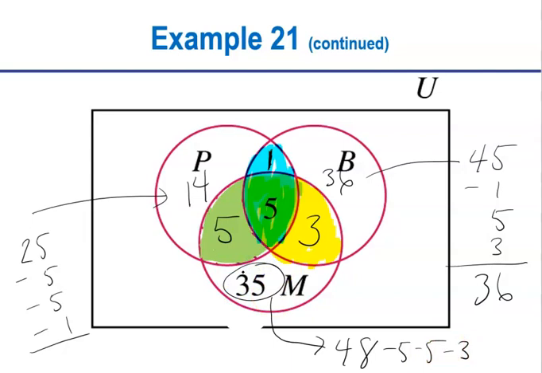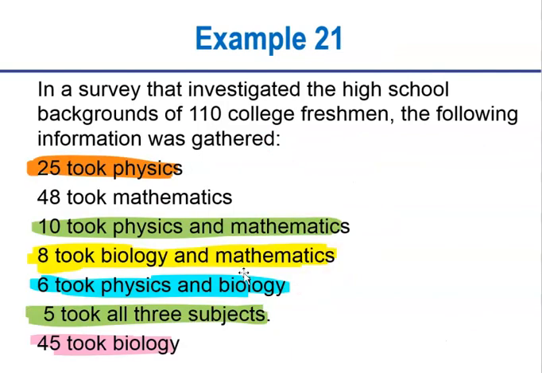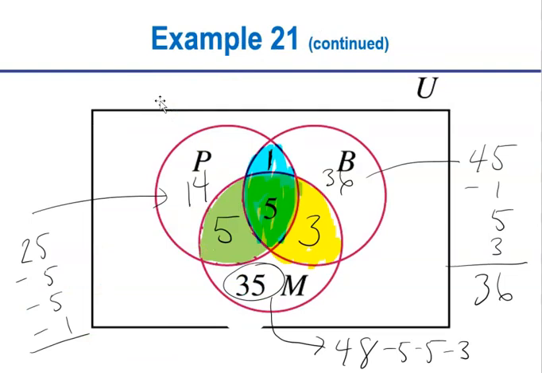And then how many students do we have altogether? Notice back up here at the top, we have 110 students, period. So how could we figure out what goes on the outside? Is it possible that students didn't take anything? Well, no, they didn't take physics or biology or math. Are there any other classes other than physics, biology, or math?